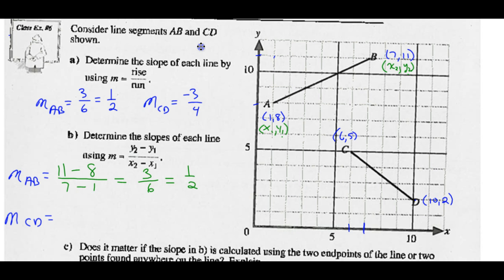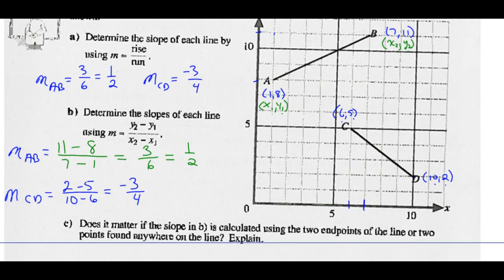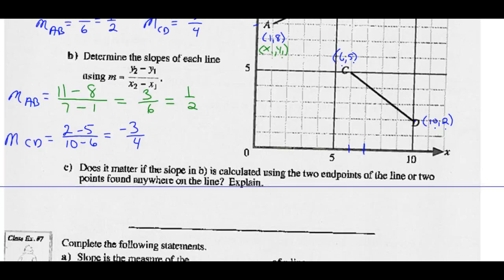So we can plug into our formula. y2 minus y1, y2 is 2, y1 is 5. 2 minus 5 over x2 minus x1, 10 minus 6. So 2 minus 5 is a negative 3. 10 minus 6 is a positive 4. Slope is the same. That formula takes into account positive and negative slopes.